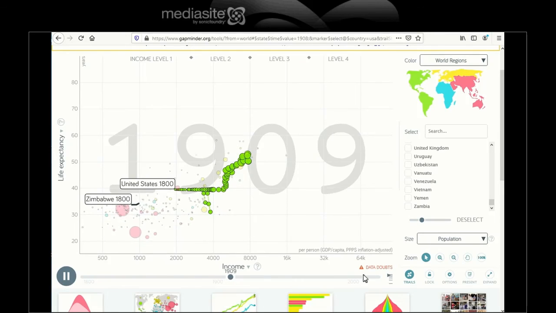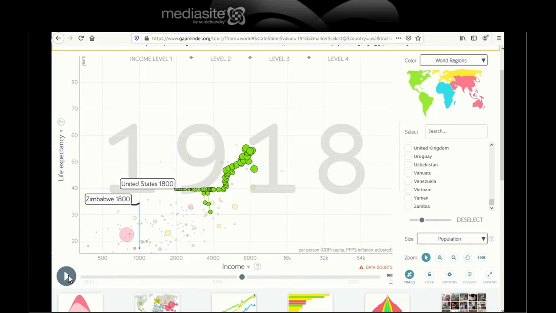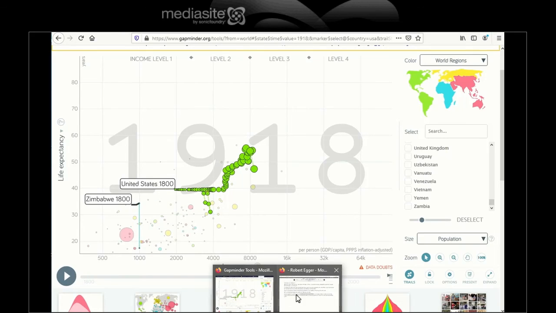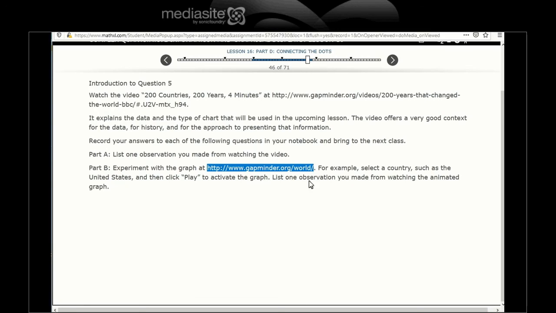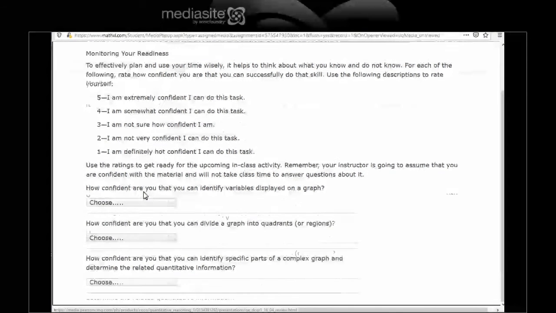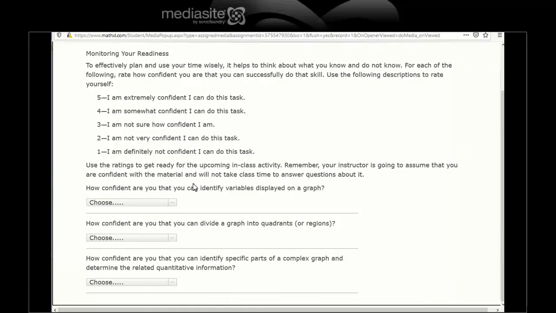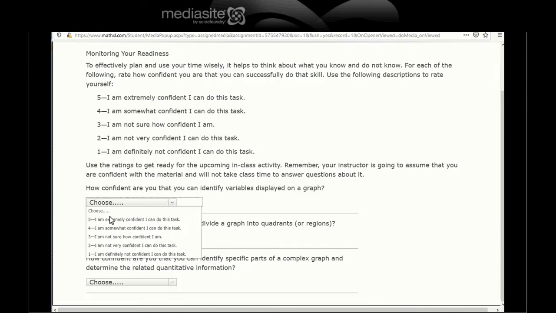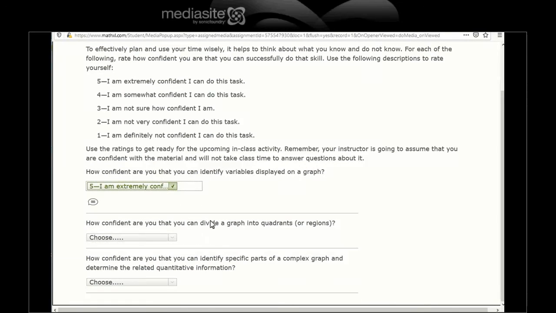All right, so again, watch what the graph does as you play it, and do a couple of countries, and see what happens to those countries, how they progress over time. Or at the end, how confident you can identify variables displayed on a graph. I'm pretty confident of that one.